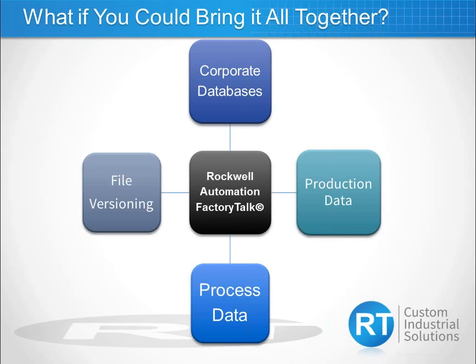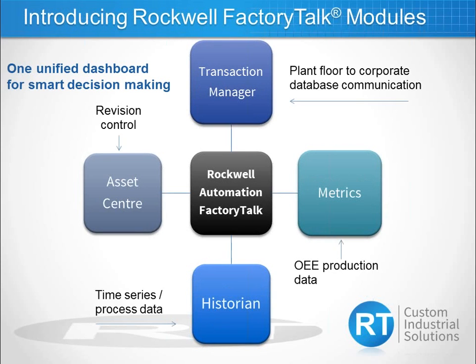Well, FactoryTalk has different modules, and we're going to get into some of the other pieces, but the core of this is the FactoryTalk suite of products, which has the ability to go out and process those corporate databases, file versioning, production data, process data, all of that. It can wrap that up into one nice package so that you can look at a report or a screen and say, you know what, I can make an intelligent decision based upon what's displayed in front of me.